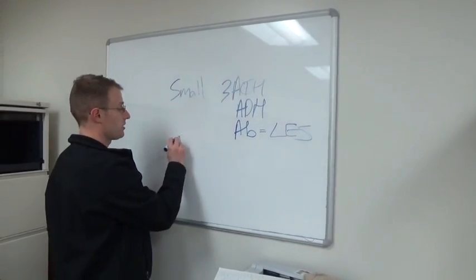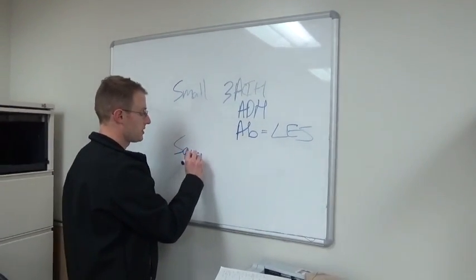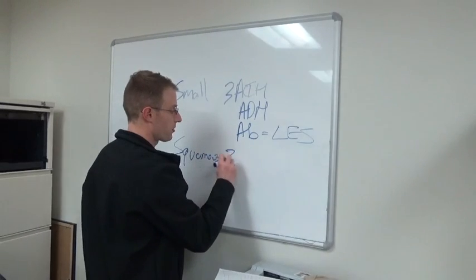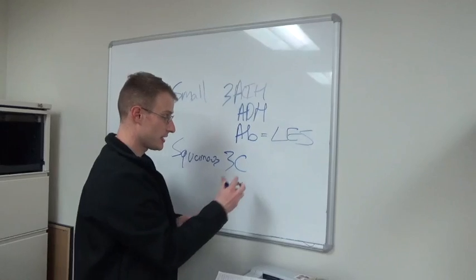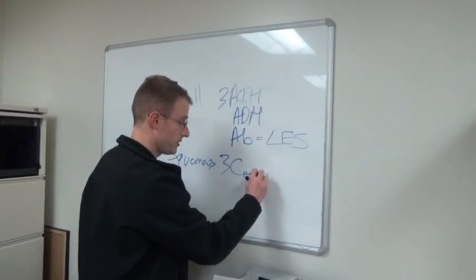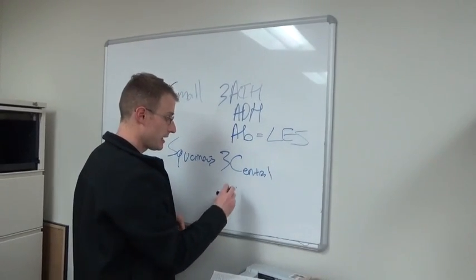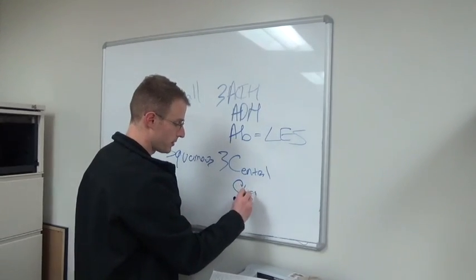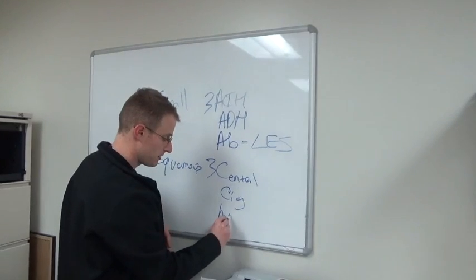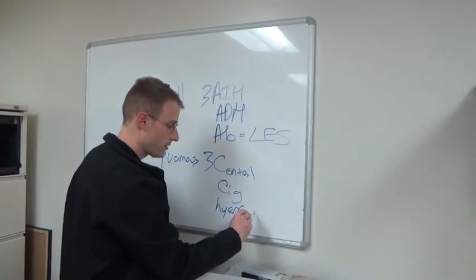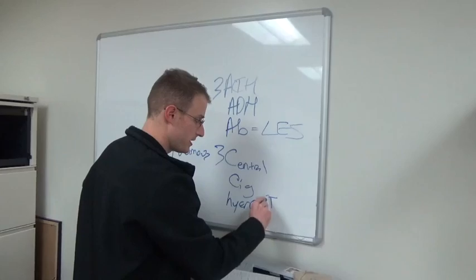Squamous cell lung cancer, one of the non-small cell, has the 3 C's. This includes the fact that it's usually centrally located, is associated with cigarette smoking, and is associated with hypercalcemia through the PTHrP pathway.